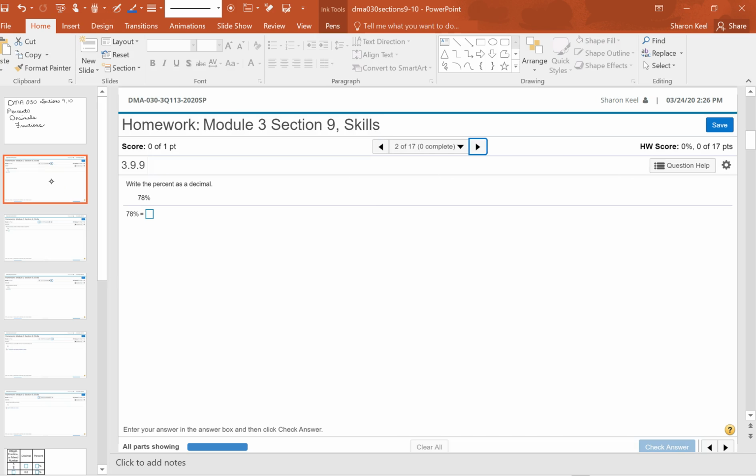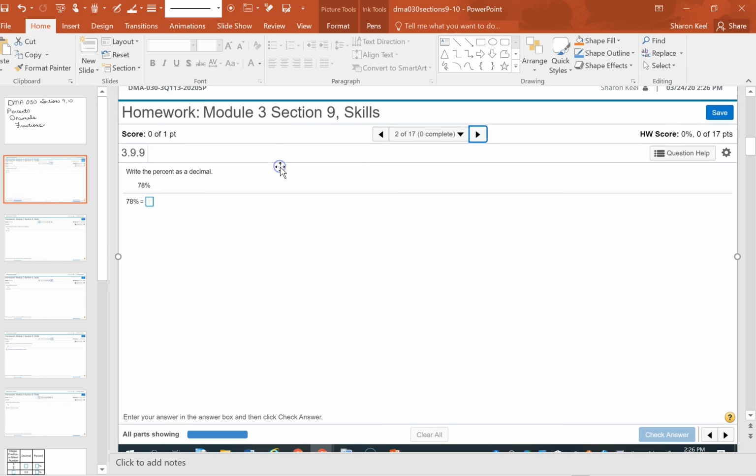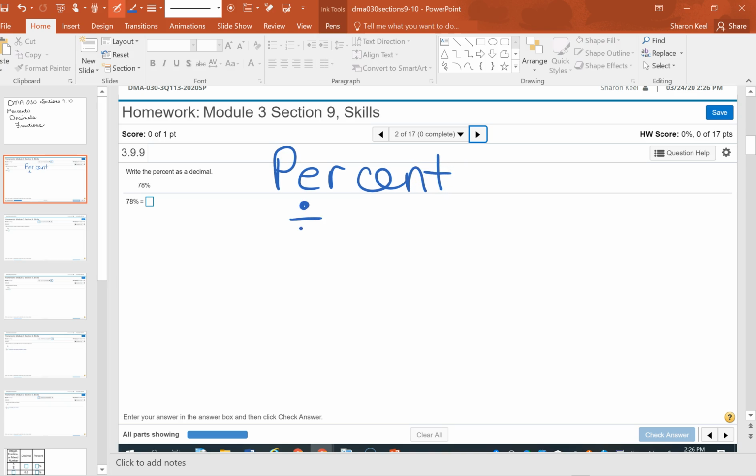Write the percent as a decimal. Think of the word percent. Per means we're going to be dividing by how many cents or pennies are in a dollar, which would be 100.